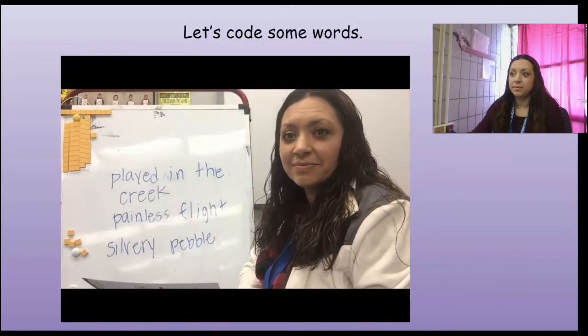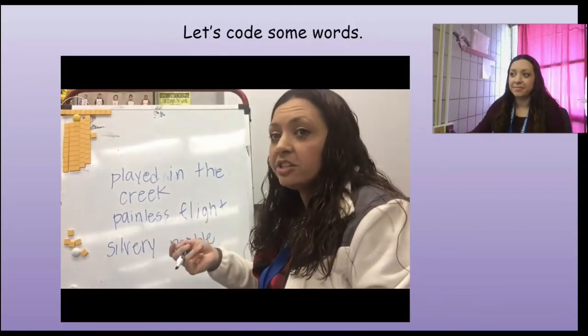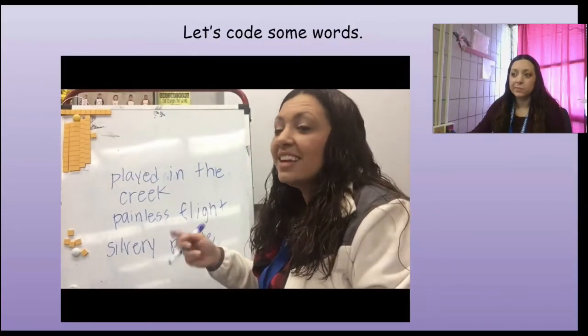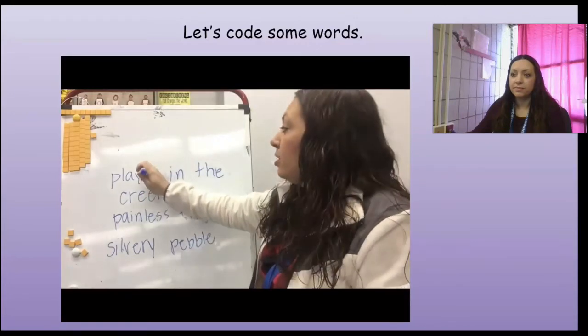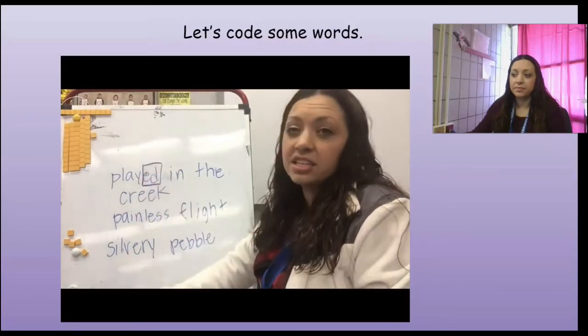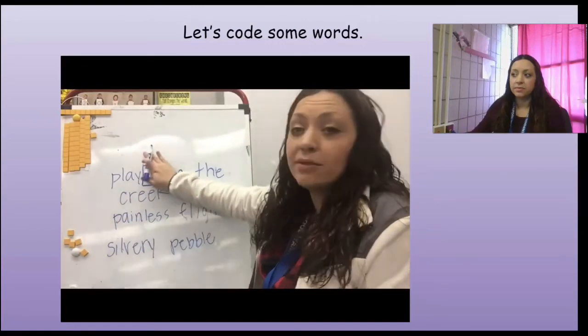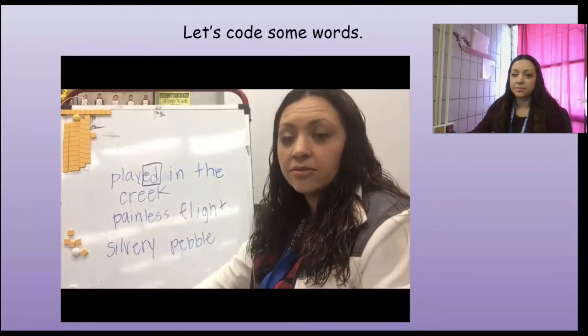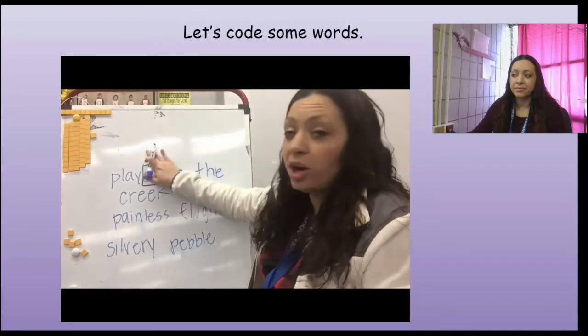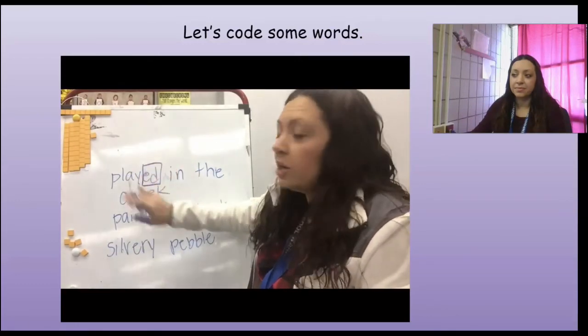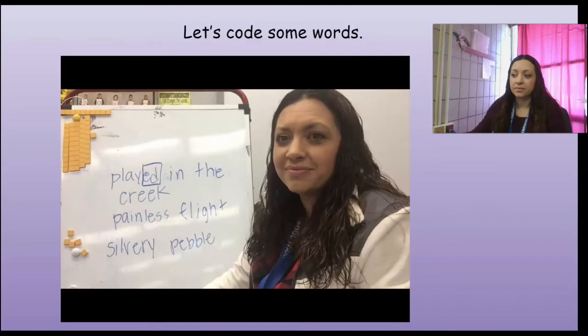What do you notice? Remember, I always check the end first, and what do you see? That's right, I see that ED, and remember, a lot of times ED can be a suffix, so I'm going to box it off. But remember, for it to be a suffix, it has to have a root word that makes sense by itself. So we're going to check and make sure that first part makes sense. Are you ready? So what do you see in that first part?